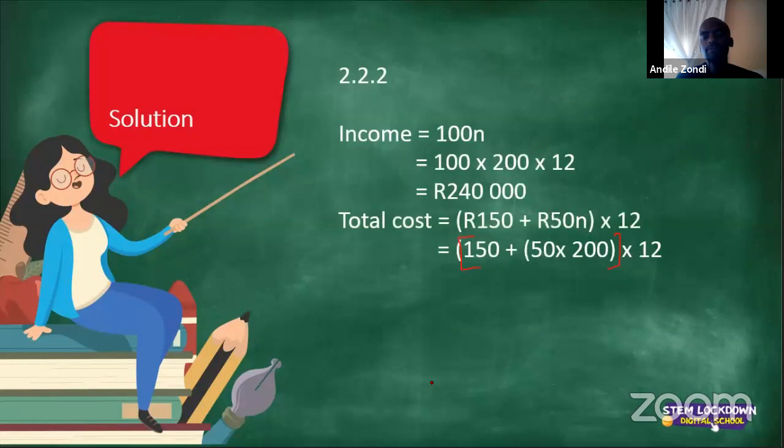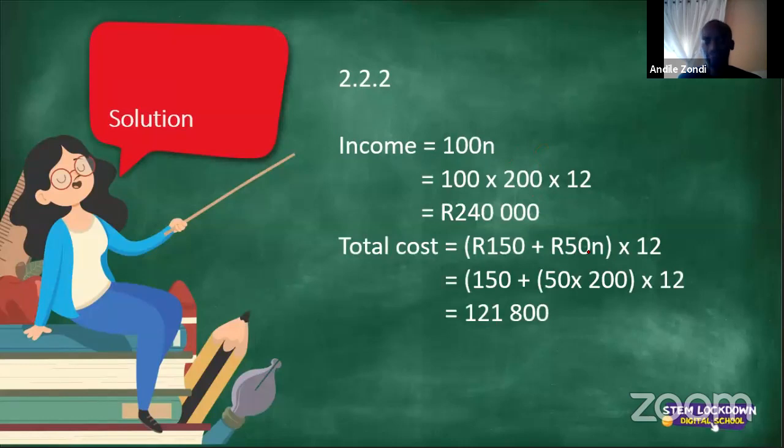Okay, next step, you need to simplify. Remember, we give you marks for each and every step, so don't take shortcuts. I might also give you a mark for the formula. So next step, simplify. Back to basics, start with the brackets: 50 times 200 plus 150, everything multiplied by 12.